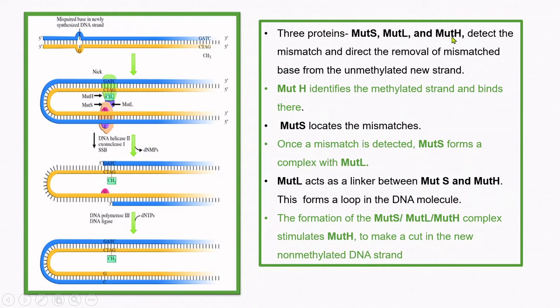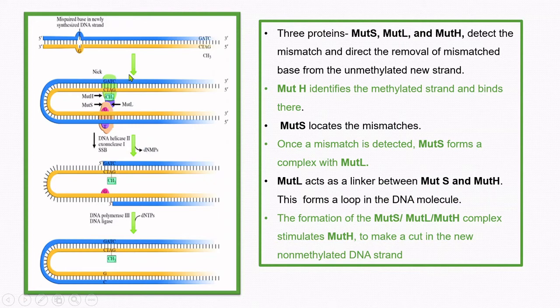These proteins recognize the newly formed strand by this methylation pattern, know that they have to repair T instead of G, and they bind over here.